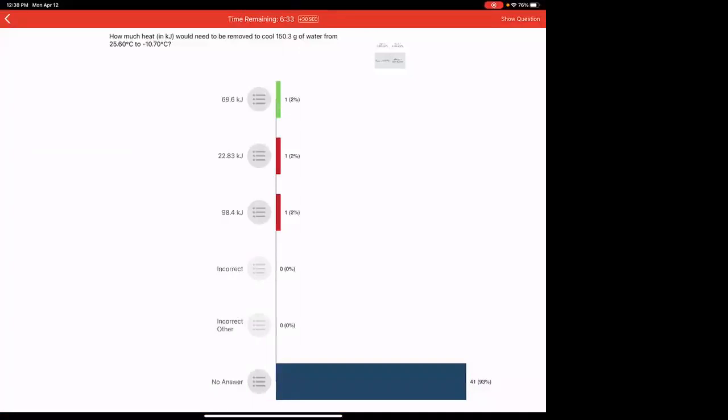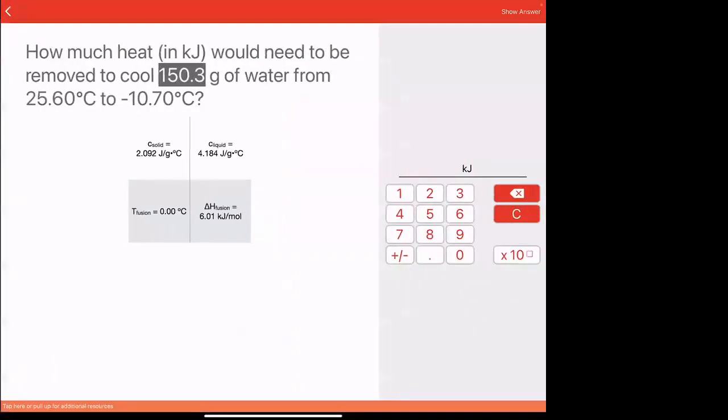Yep, looks like we're starting to make a little progress here, guys. And remember, this one's going to be exothermic.